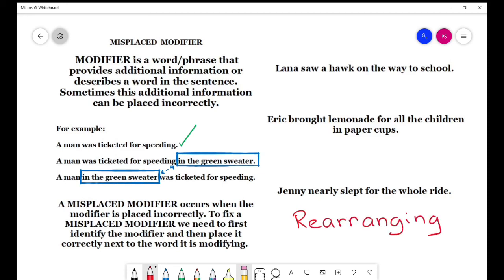Again, we are not adding any additional information. We're simply rearranging whatever modifier there is correctly next to the word that it is describing. And this is extremely important to remember, especially when we start looking into dangling modifiers.